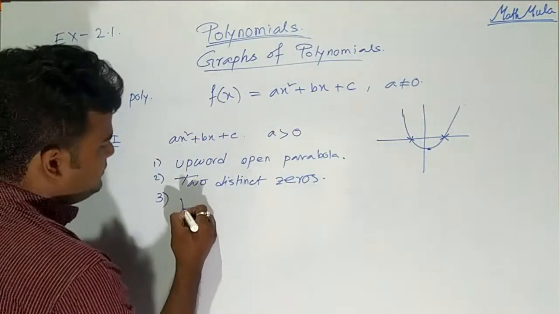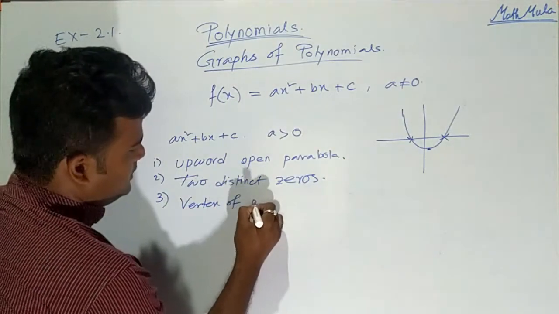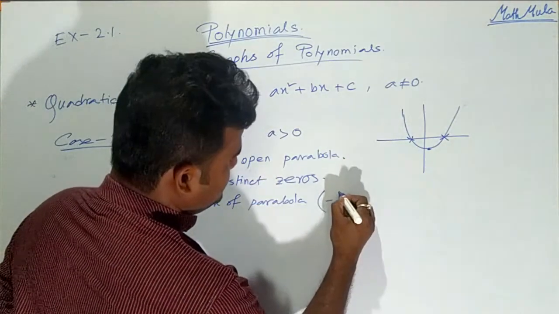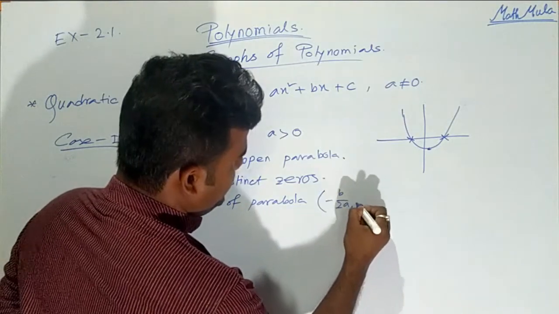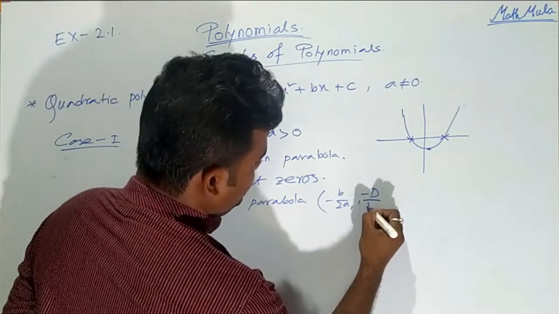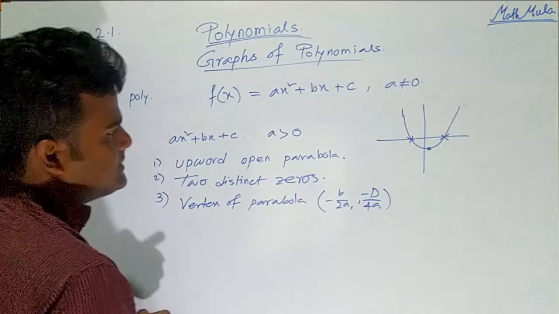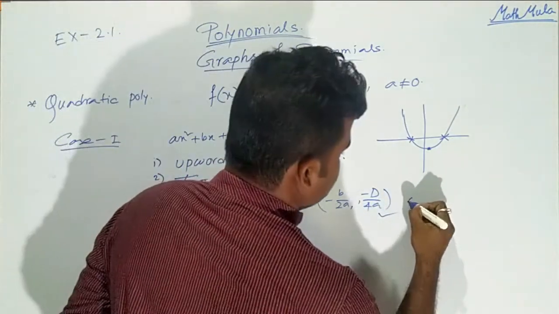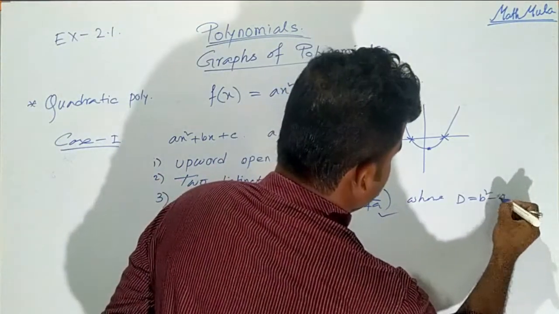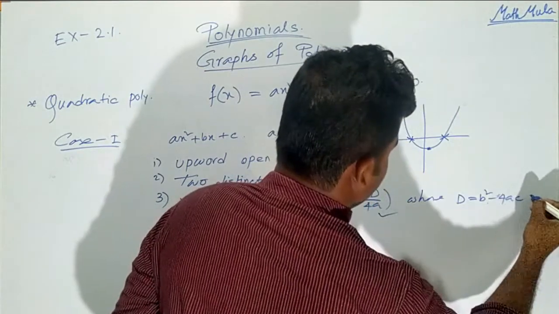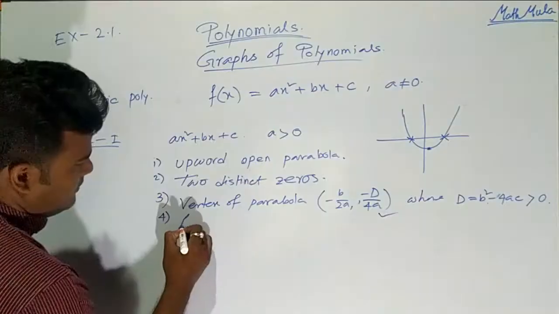The vertex of the parabola is (-b/2a, -D/4a), and this is the vertex, where D = b² - 4ac, and this is greater than 0.